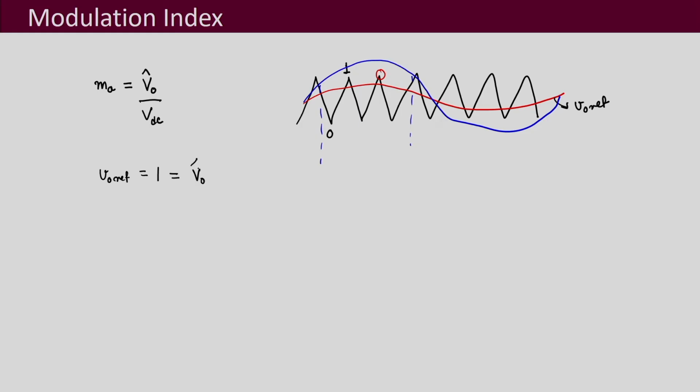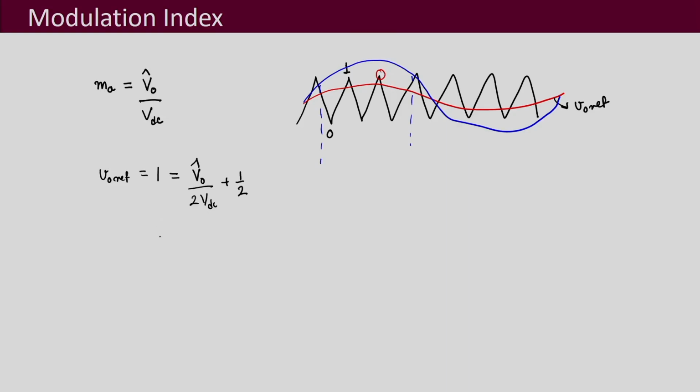So, VO hat by 2 VDC plus half can be maximum equal to 1 according to the equation that we found out just now. If you solve it, VO hat can be equal to VDC. So, your maximum modulation index can be equal to 1 in case of bipolar PWM.